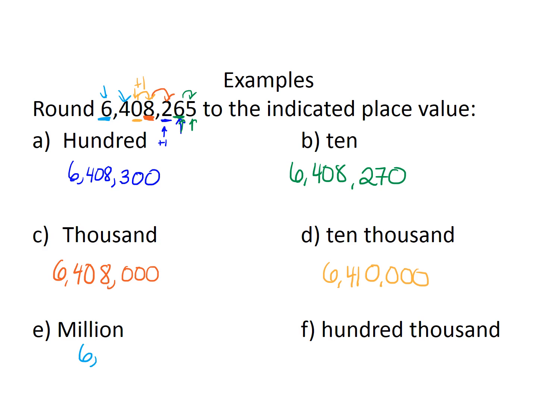So we keep the digit we're rounding to the same, and we replace the others with 0. And lastly, 100,000, which is this place. And so we keep the 6 the same. The number after it is a 0, so it's less than 5. So we keep the 4 the same and replace the rest with zeros.